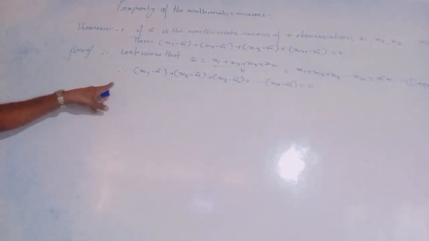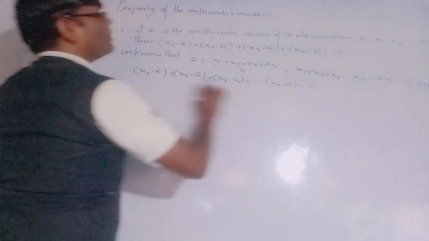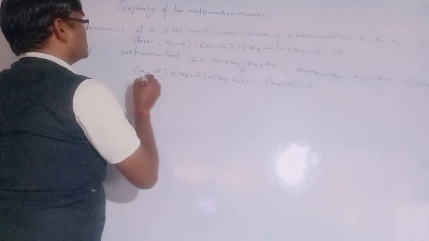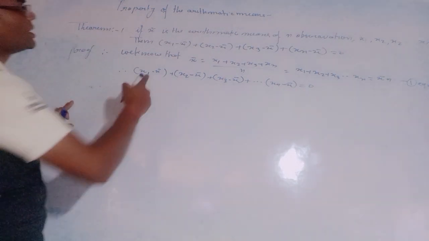As we know, students, the sum of the observations is n times x bar, so we can write the values here.